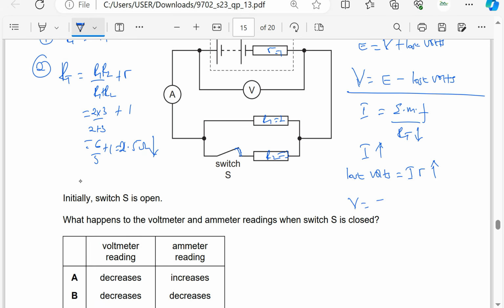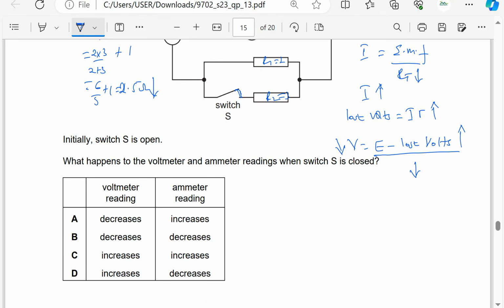Remember, V is equal to the EMF minus the lost volts. Since the lost volts have increased, this difference has become smaller, which means the potential difference, the reading of the voltmeter, decreases. So the current increases, so we ignore this one. Ammeter reading increases, voltmeter reading decreases, so the answer is A.